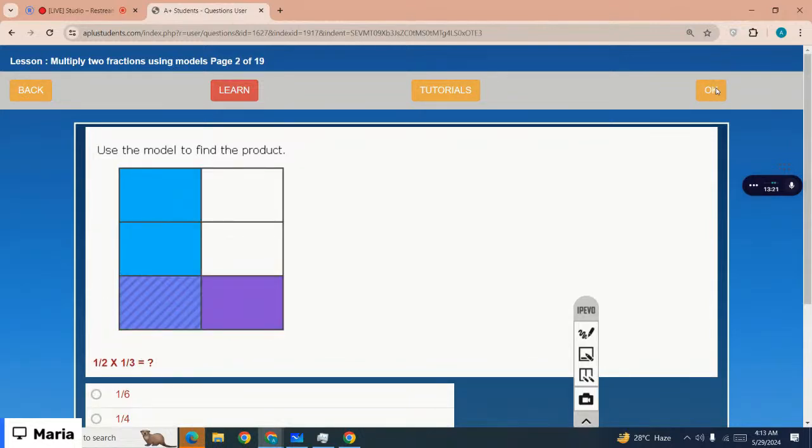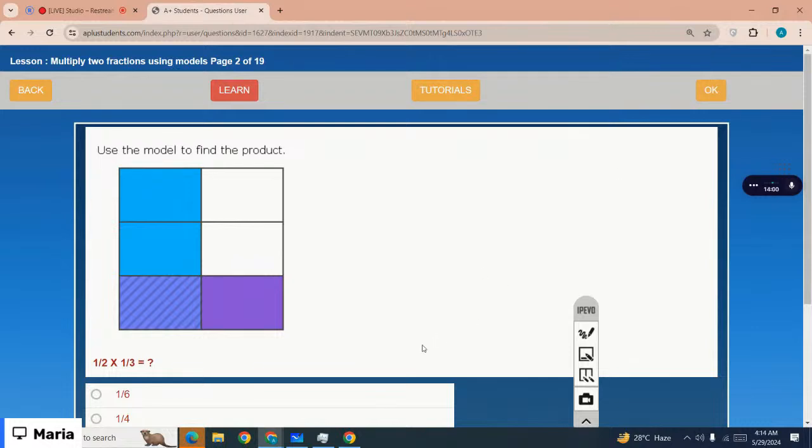Use the model to find the product. Which is the correct option? That is one out of six.